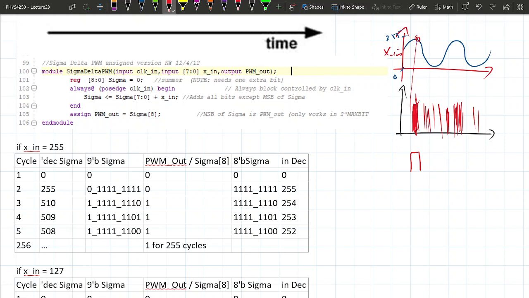So let's just do the conversion. Sigma is 0. Of course, the 9-bit sigma is actually 9 zeros. 0 in decimal means it's 0 in binary also. Let's just ignore this part for now. This will make more sense in the next cycle. So let's write in those zeros.